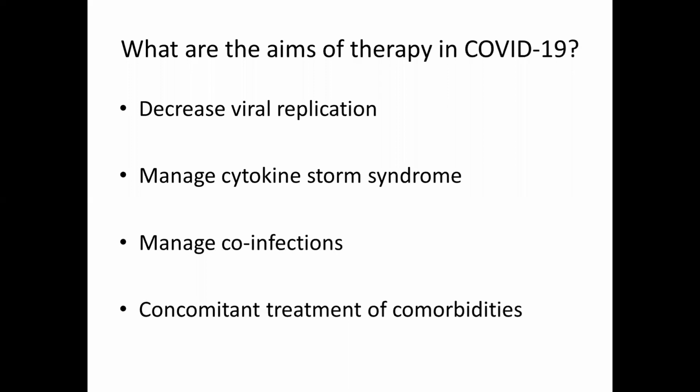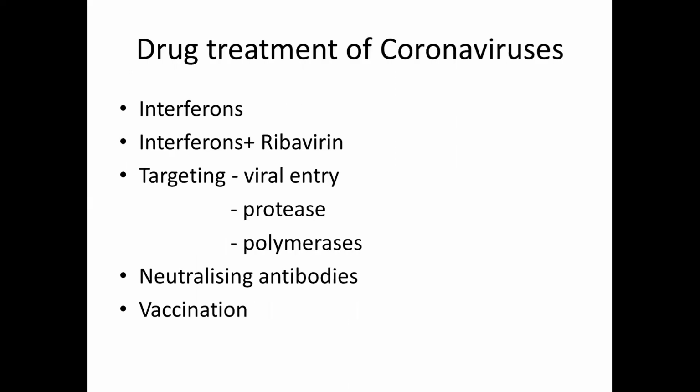A lot of lung infections may coexist in patients with previous pulmonary disorders and in patients who acquire new sepsis in the course of infection. And so management of this co-infection is important. In patients who are diabetic, hypertensive, who have cardiovascular disease, outcomes will also depend on good management of the comorbidities.